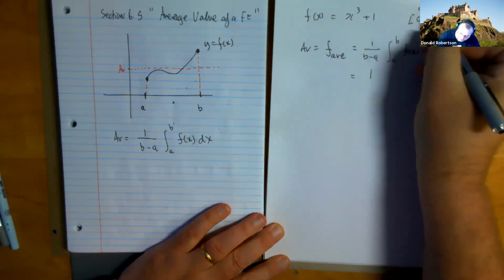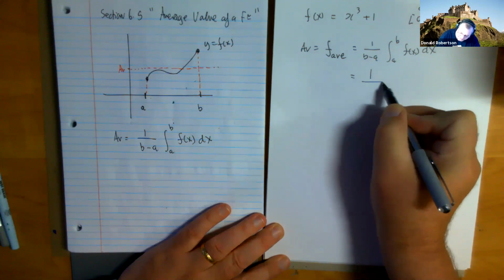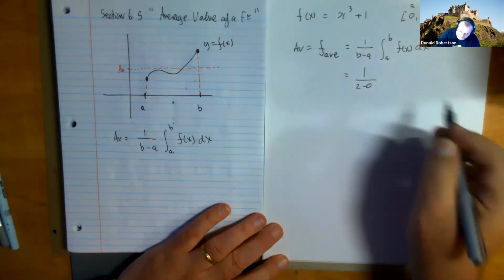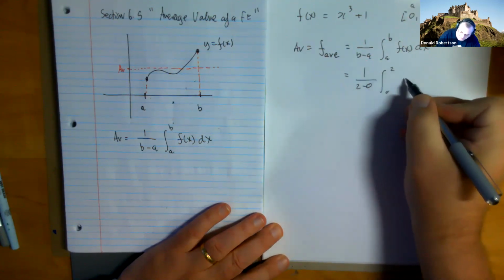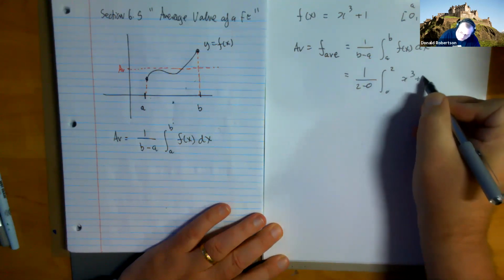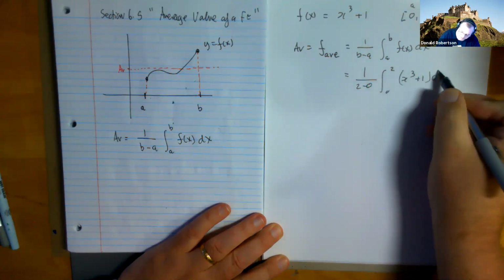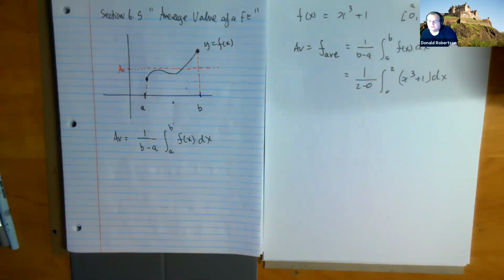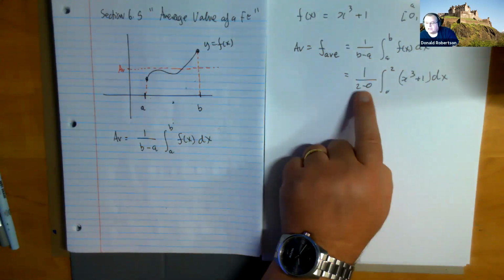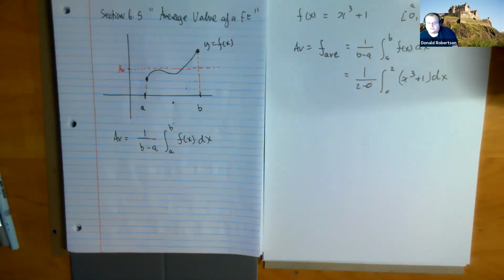Well, if you call that a and you call that b, it's 1 over 2 take away nothing, the integral from 0 to 2 of x squared plus 1 dx. Essentially, isn't it just integrate a function? And what do you think this 1 over b minus a is all about?